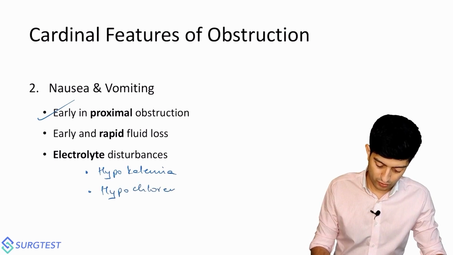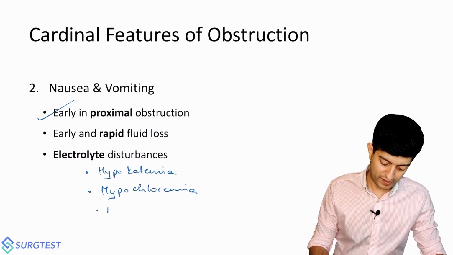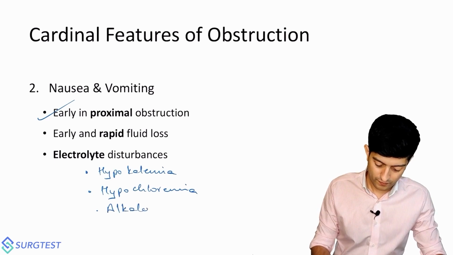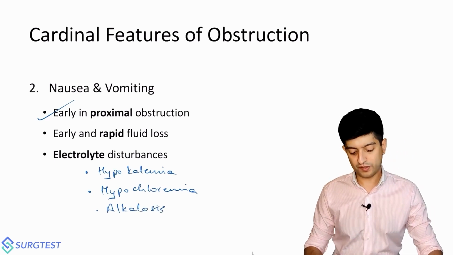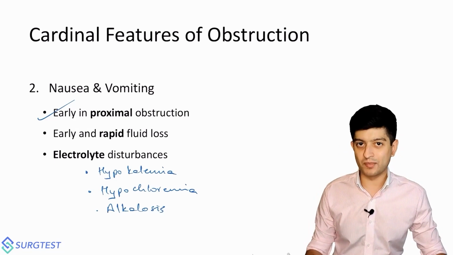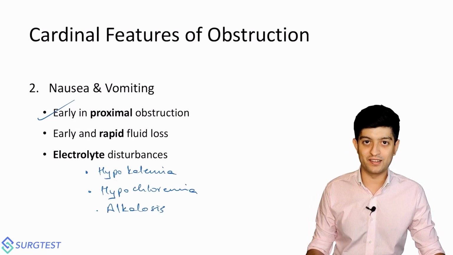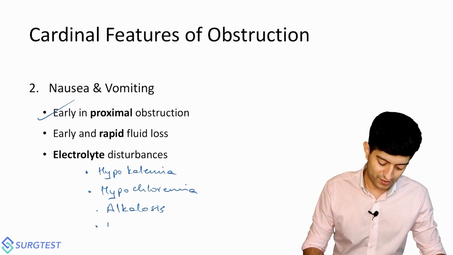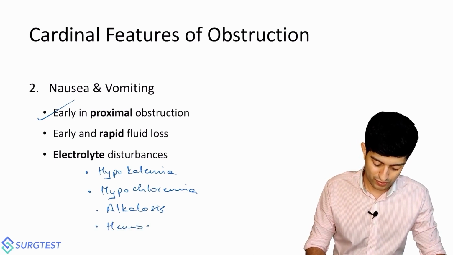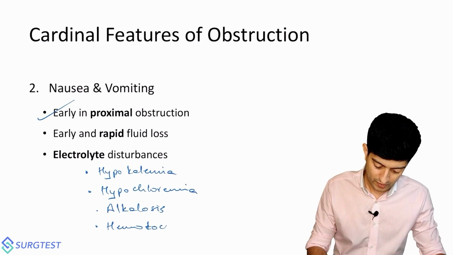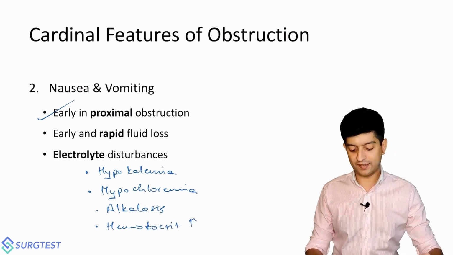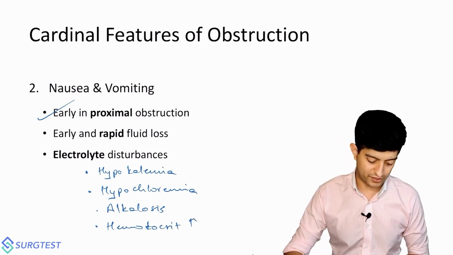They develop hypochloremia, and because again they are losing acid, they develop alkalosis. And since you're doing an arterial blood gas for these patients to diagnose all of these electrolyte disturbances in an emergency, remember the ABG will also show a hematocrit that is elevated as a result of the dehydration.